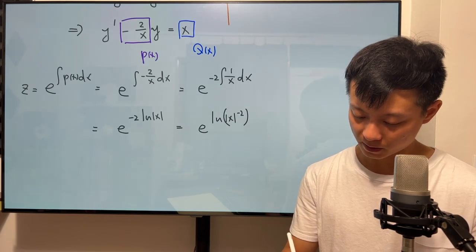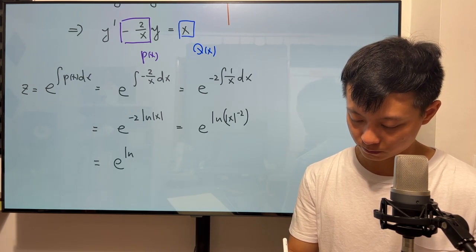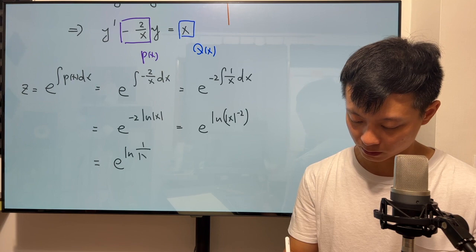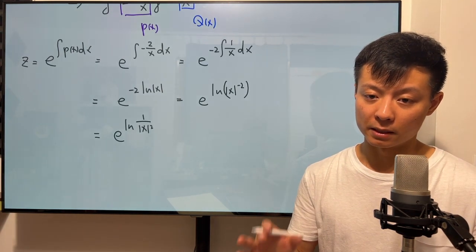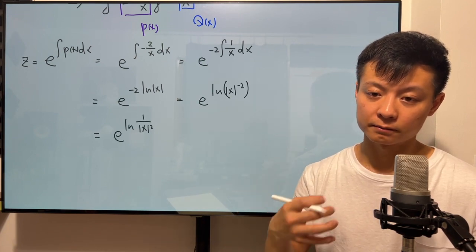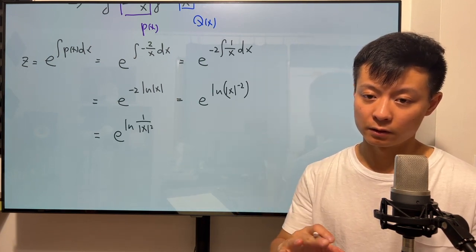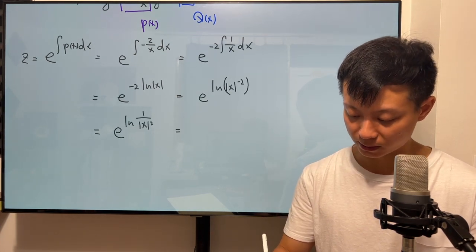Okay, and then we can convert that into 1 over absolute value of x squared. And because the square will turn anything negative to positive, the absolute value is actually not needed.